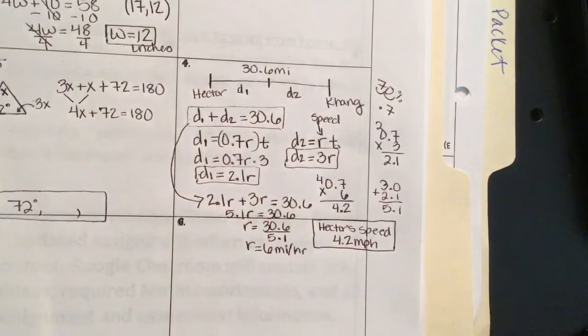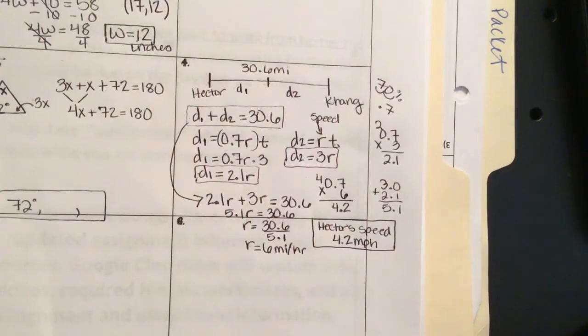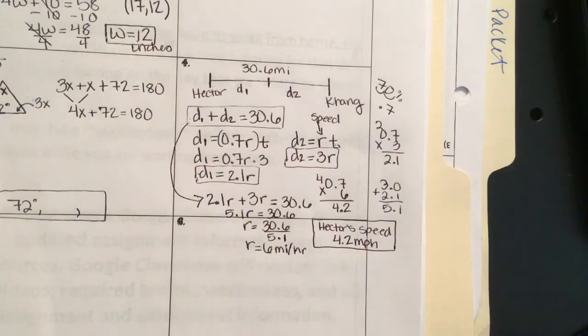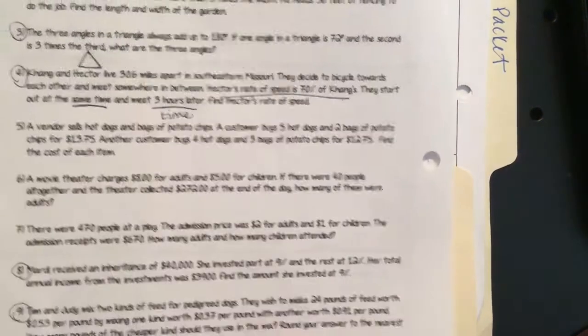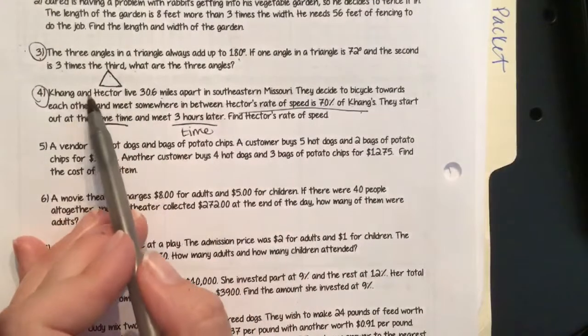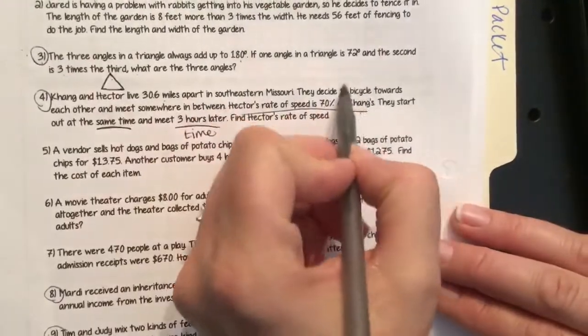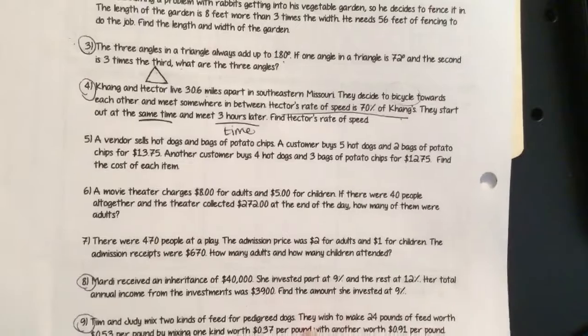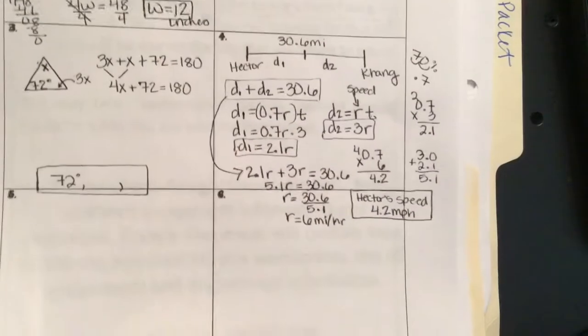Okay? Very reasonable. Now, if you would have gotten something super quick, like if you got 42, if you got 60 miles per hour, you know, he's not in a car. They're in a bicycle. So you have to also think about that. 4.2 miles per hour would work.